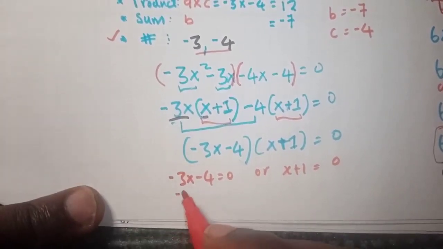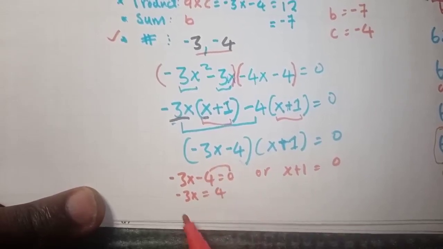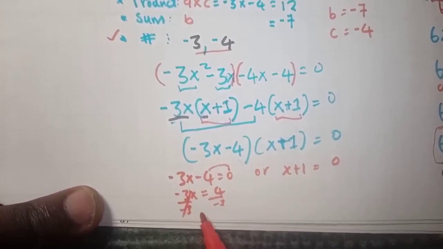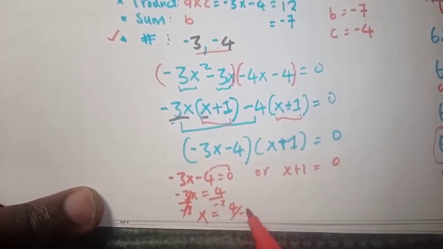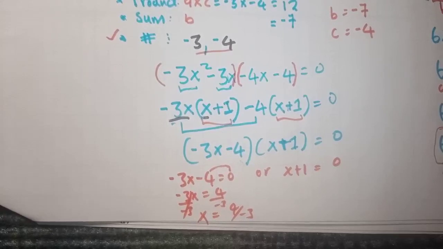Here this will be negative 3x, take the 4 here, becomes equal to 4 over negative 3, dividing by negative 3. So x is simply equal to 4 over negative 3. Then these questions will come in paper 2, so you can finish it off by using a calculator.